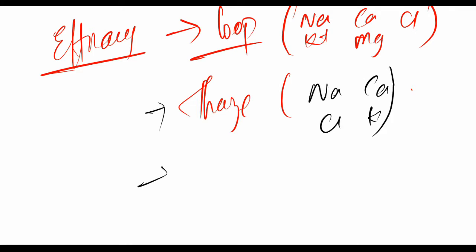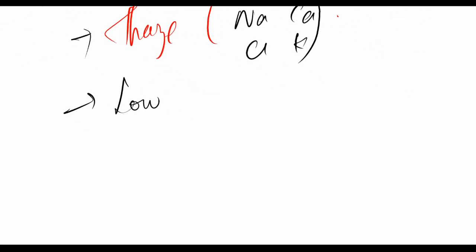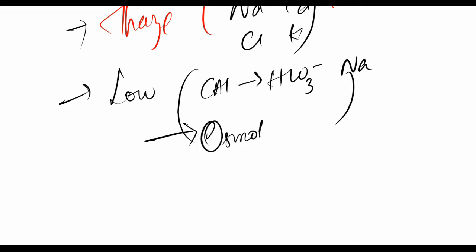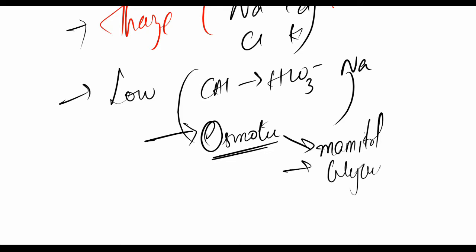Then low efficacy drugs being carbonic anhydrase inhibitors, which act basically on the bicarbonate ions and sodium ions to a certain extent. And even lower we have osmotic diuretics, which will be taken up later on. Osmotic diuretics include mannitol, glycerin and isosorbide. So this is depending upon the efficacy.